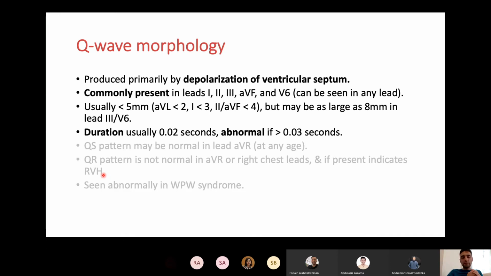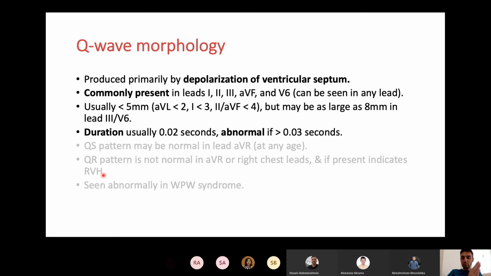So often you see Q waves in the inferior leads and left leads. However, this Q wave should be very skinny, should not be very wide. At 0.75 or 75% or maximum one small square.